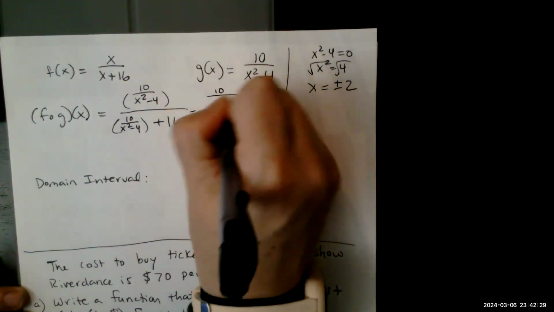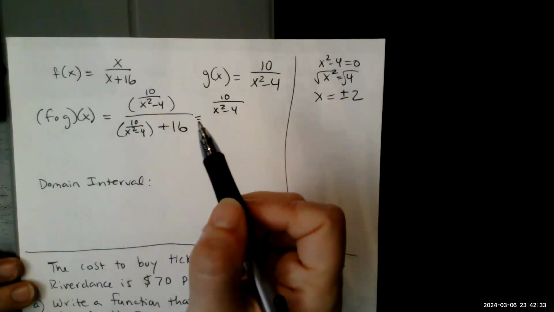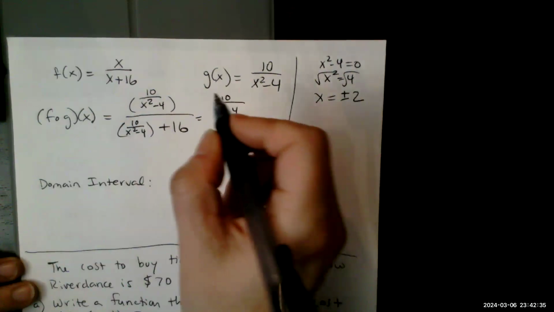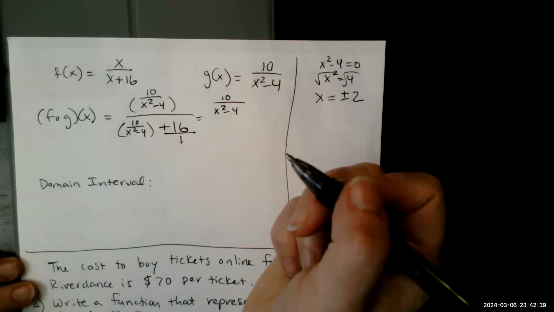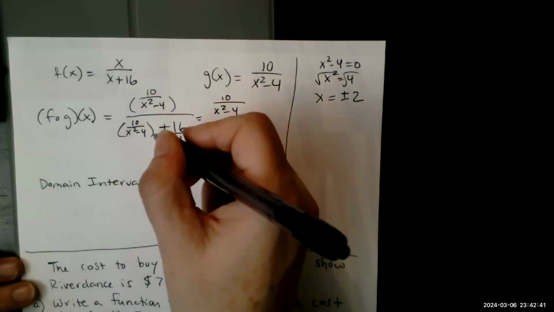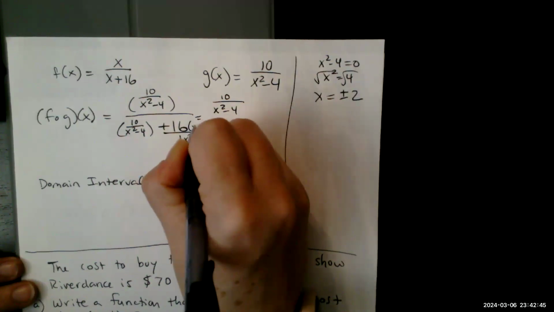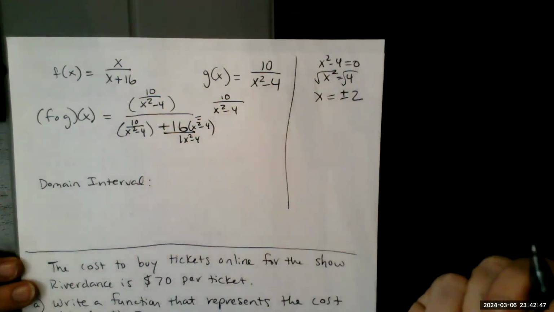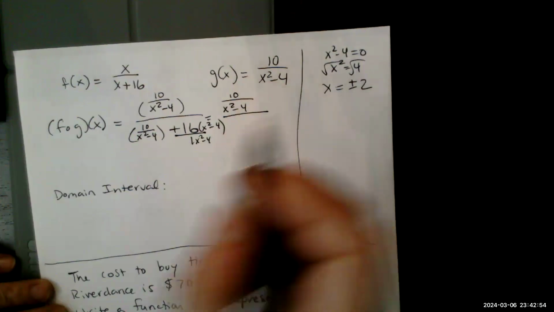So I'm going to leave the 10 over x squared minus 4. That's fine. On the bottom, I'm going to get a common denominator, which is going to be the x squared minus 4. So I multiply the bottom and the top by x minus 4. I'm going to come over here and just work on making the bottom nicer, and then we'll go back over here.